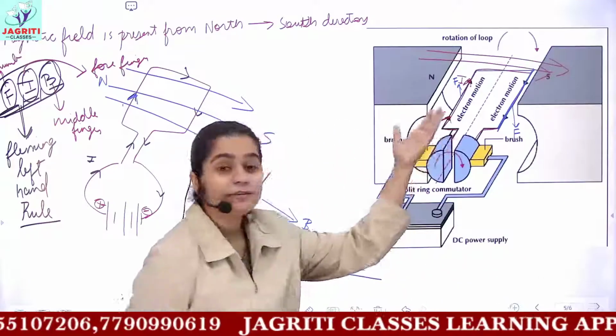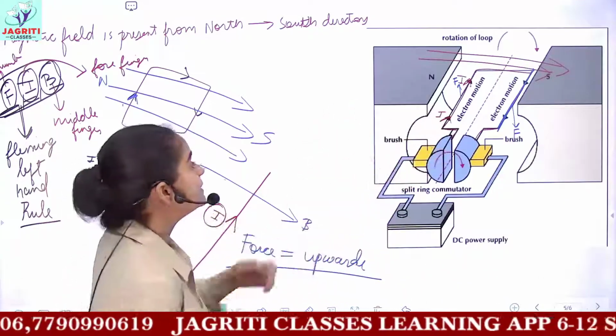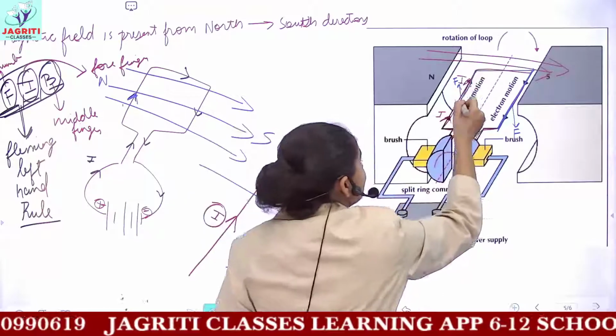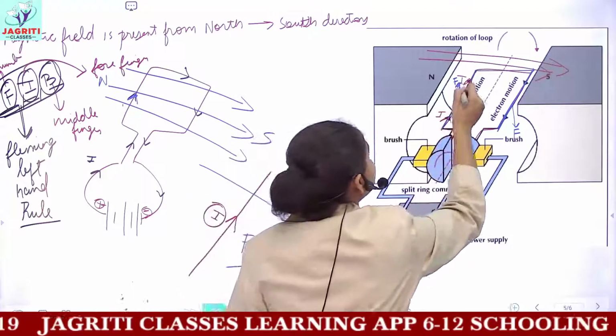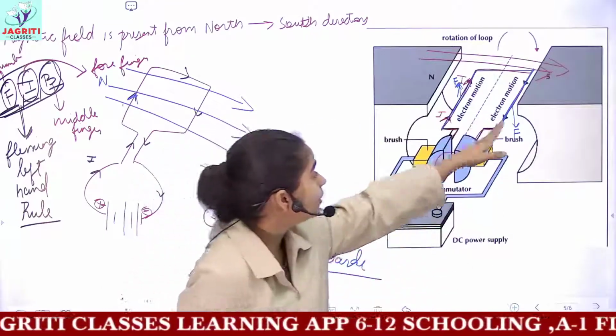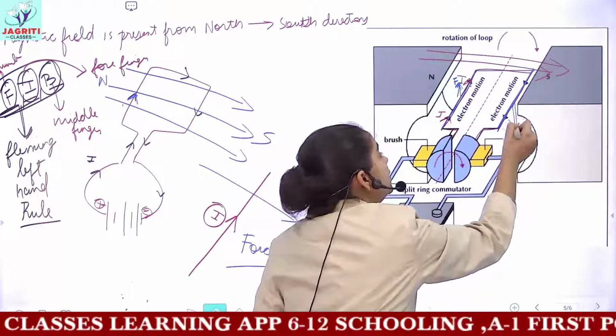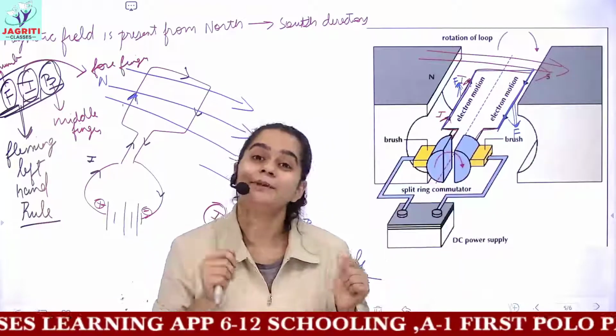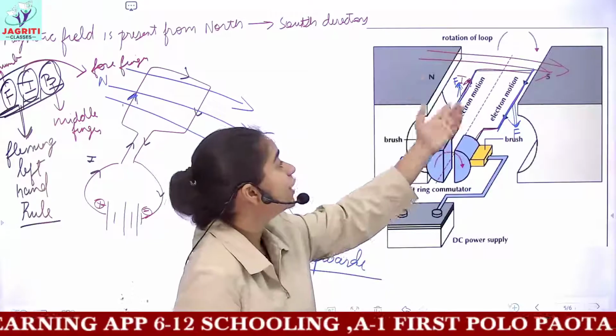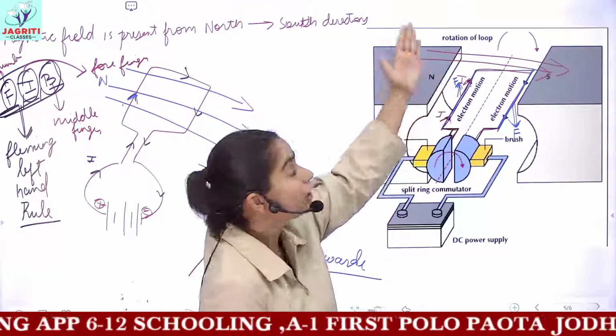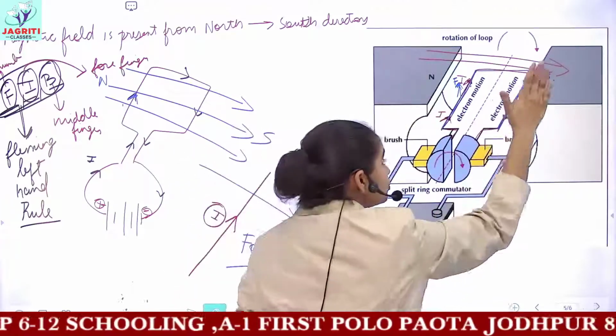Hence, by using Fleming's left-hand rule, on the left side of the coil an upward force is applied, and on the right side of the coil a downward force is applied. And hence this coil is pulled upwards from here, and this side goes downwards.